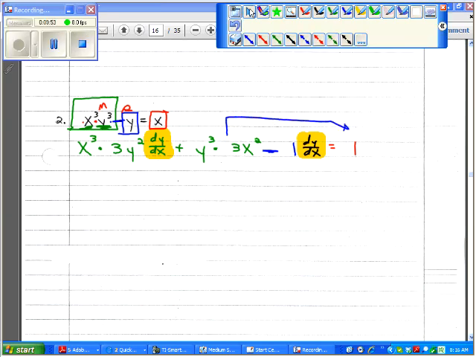So if we move that across, and I'm going to kind of clean this up a little as we go, we would have 3x cubed y squared dy dx, and then minus dy dx equal, and then moving this term to the other side would change the sign, so that would give us negative, and I'm going to go ahead and put the x first, 3x squared y cubed. Everybody good with that?